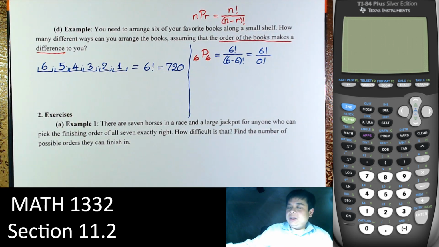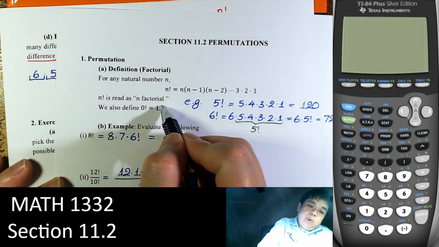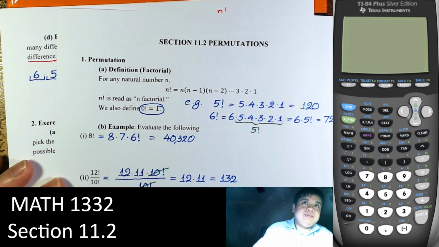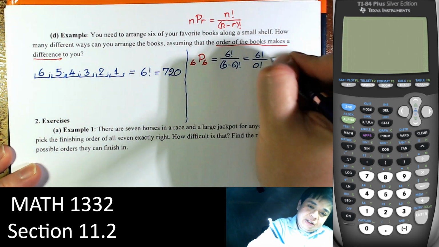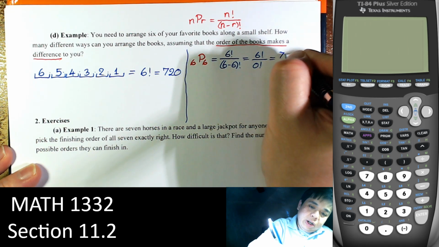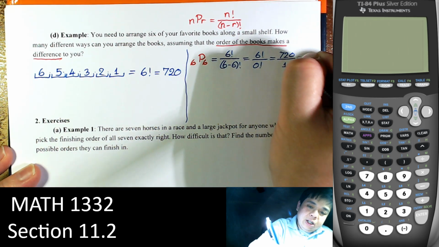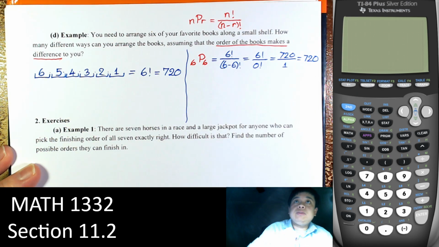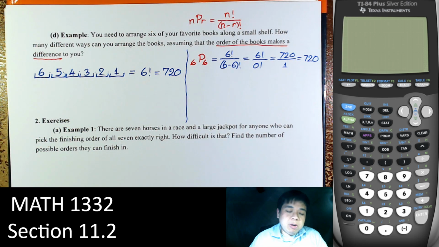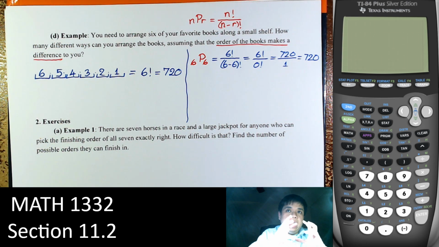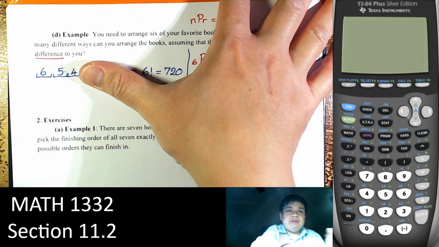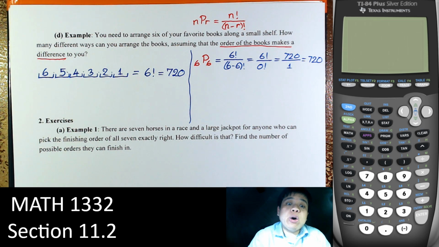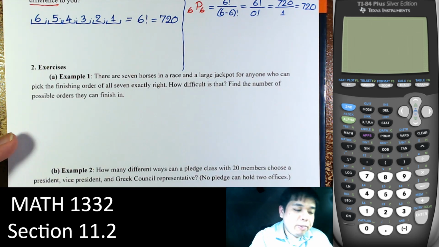We also define 0 factorial to be 1, and of course 1 factorial is also 1. So that is 6 factorial, 720, over 1. So that's just 720. I arrange 6 books, using 6 books and putting them in 6 positions. Now if we only choose 3 of them to put on the shelf, that's 6 times 5 times 4. Keep that in mind: order does matter.